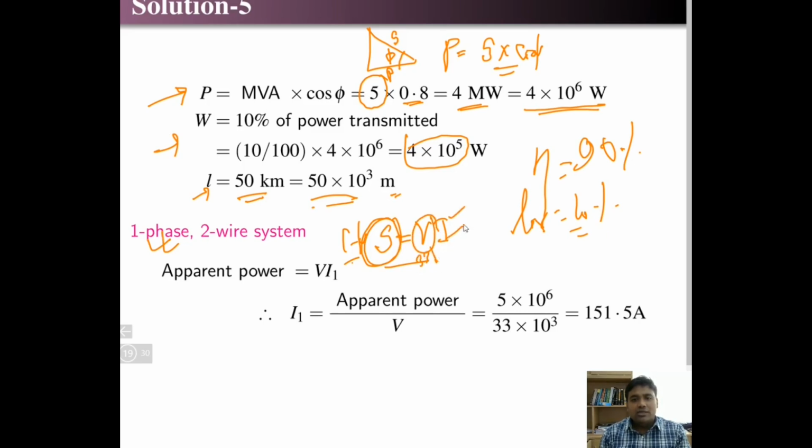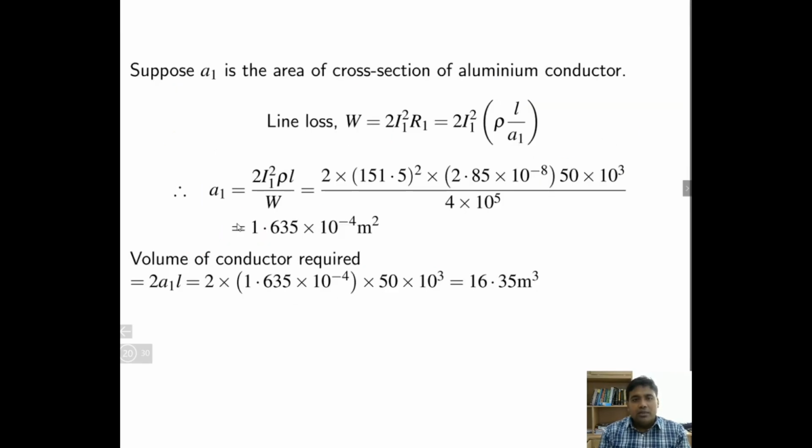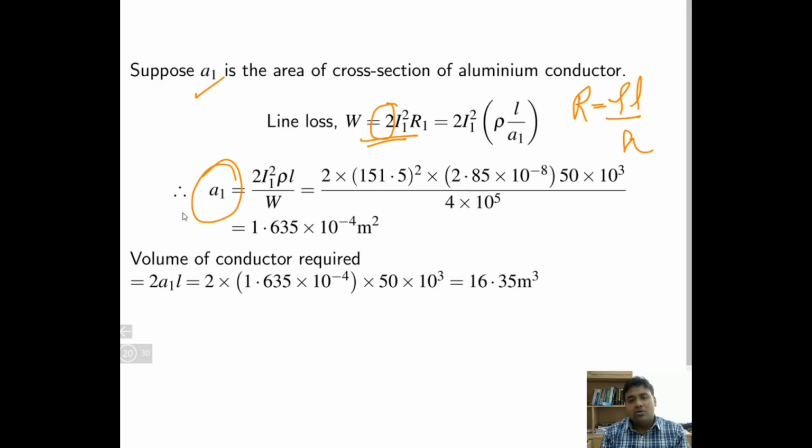Now you can find out what the current is. So you get the current as 151.5 ampere for the single phase 2-wire system. Then consider the area of cross section as A1. For the line losses, because you have two conductors, it is 2 I1 square R, where R you can substitute as rho L by A, and then you can find the area of cross section.